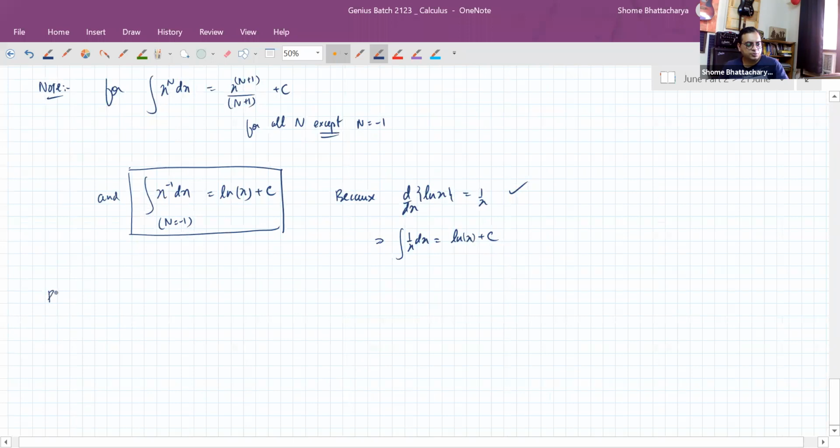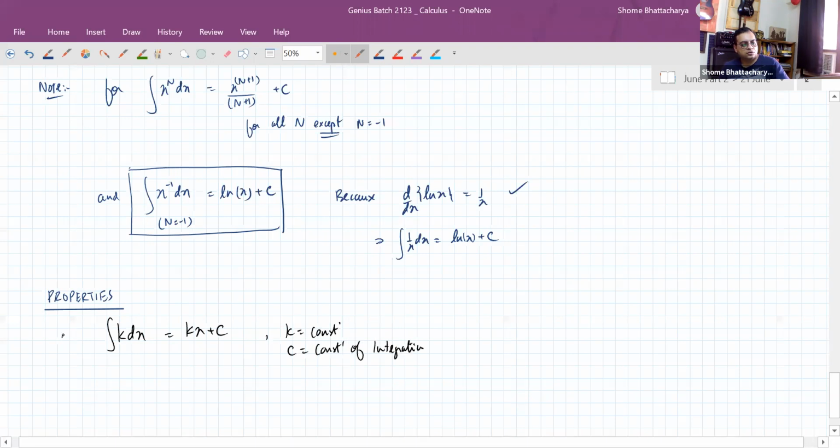Now let's look at a couple of properties of integration before we come back to more formulae. So integration of a constant, or let's write the constant with a different symbol. So that's one property.